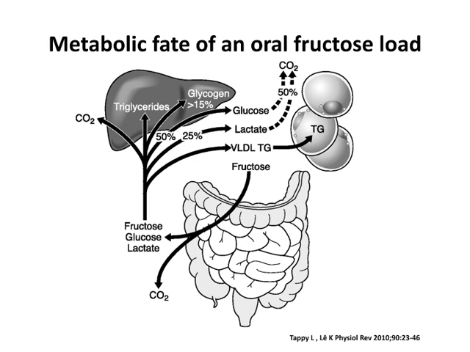Probably about 15% gets into glycogen, and the remainder is either oxidized within the liver or converted into lipids, to be stored as intra-hepatic lipids or to be secreted as VLDL triglycerides. So there is a small conversion of fructose into lipids, but that's really a minor pathway.